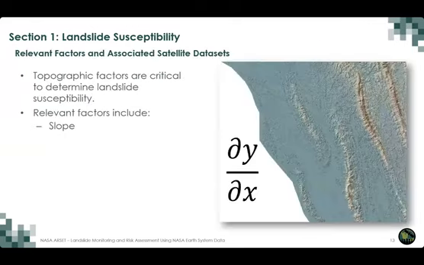But let's talk through some factors that can affect susceptibility and how we can use satellite data to assess those. The most important factor that most of you would recognize is slope. The difference between steep slopes and shallow slopes strongly affects the likelihood of landsliding, as you can imagine.